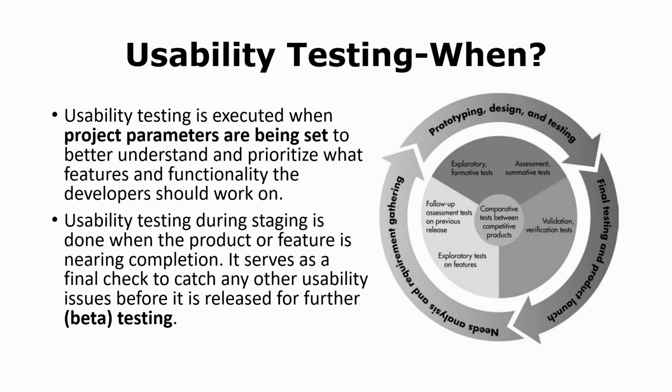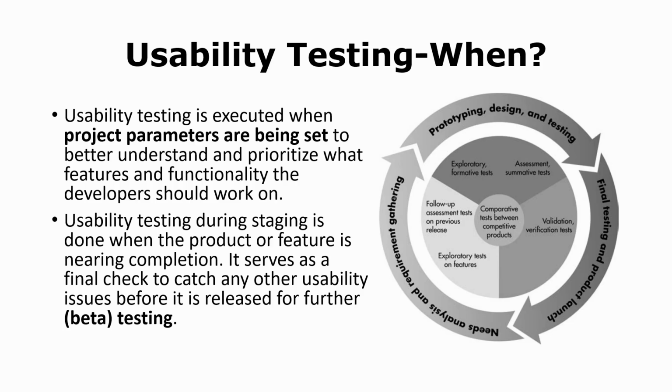It is not done at an ideation stage, not done at a design stage, it is typically done at a prototyping stage, right? To better understand and prioritize what features and functionality the developers should work on. This is specific, you have a developer when you are working on a digital or a physical product. What are the features which are faulty? What are the features the user is not able to use properly?